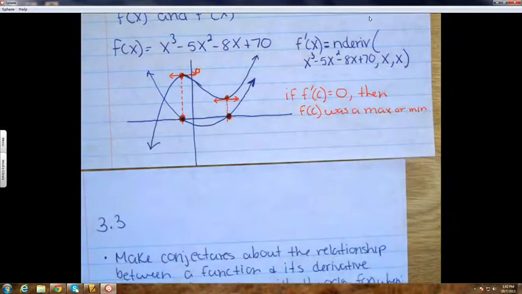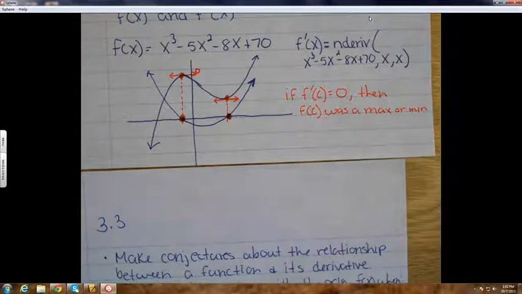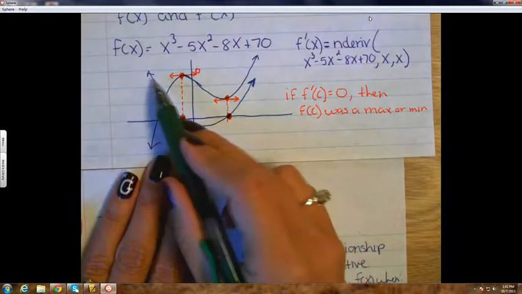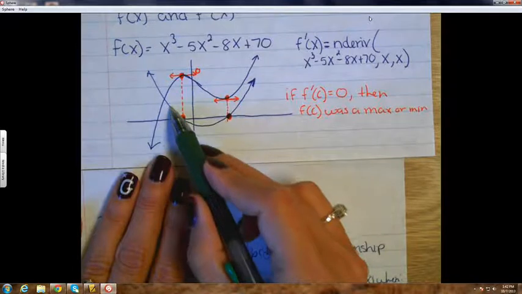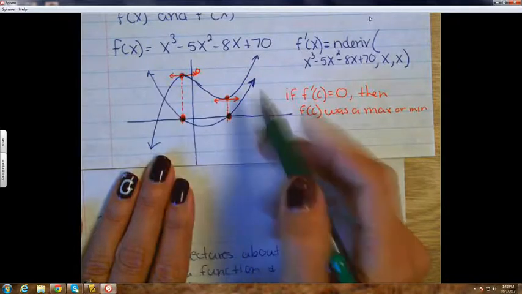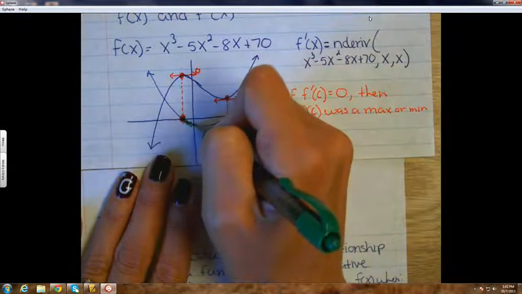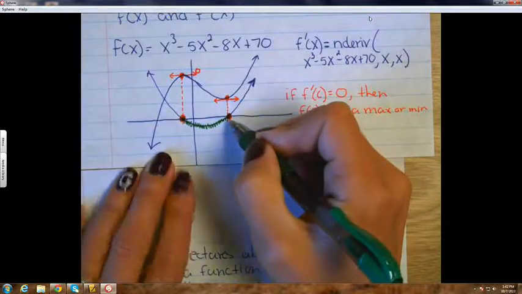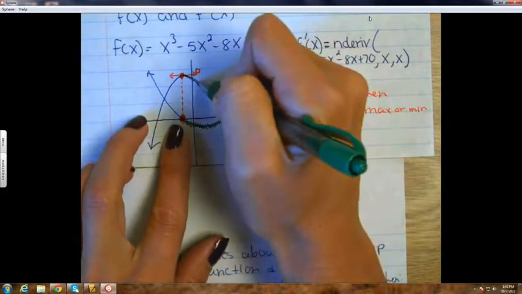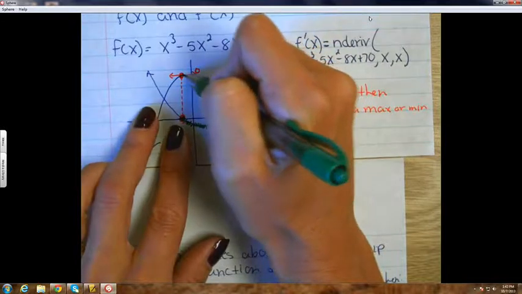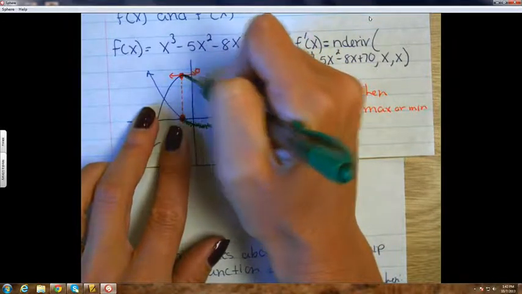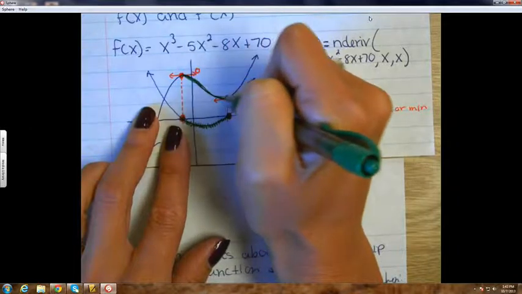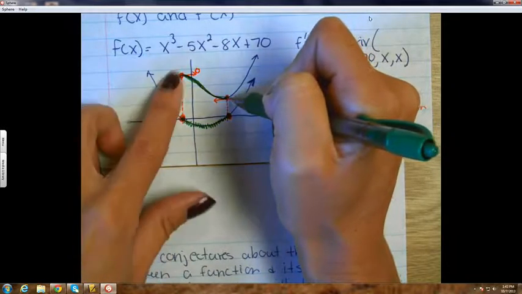Okay, I wanted you to be able to tell me what's happening on the original function when let's go with the derivative is negative. Well, if I look, here's my derivative graph. These are all positive y values here. They're all up. Same thing here. Here is where the derivative is negative. Right in between those two zeros, that corresponds to this part of the graph. So what's happening on this part of the graph right here? That's not happening out here and out here.